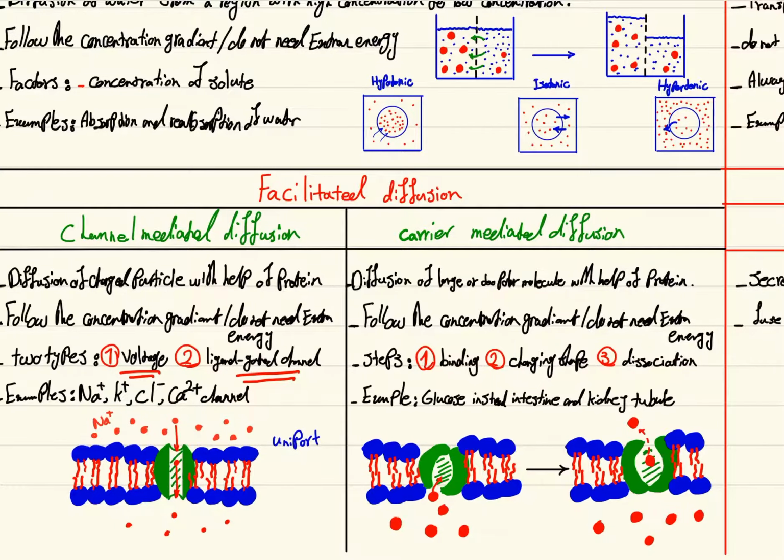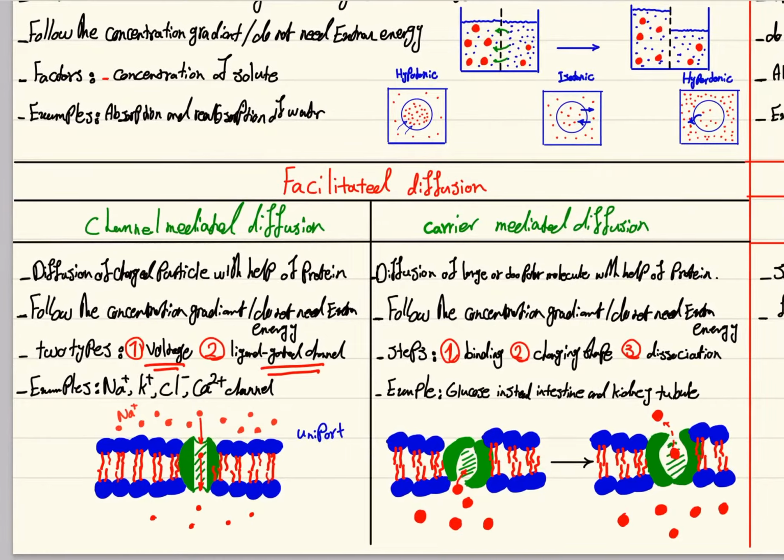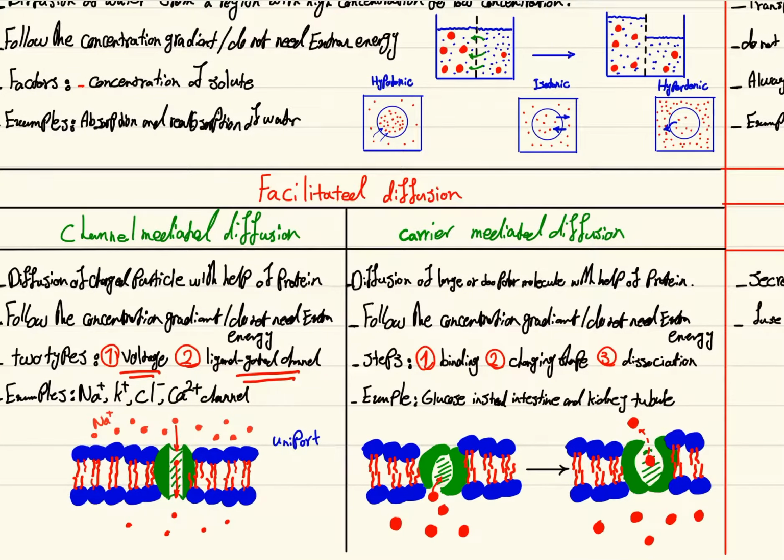The next type of facilitated diffusion is carrier-mediated diffusion. Carrier-mediated diffusion helps the transport of large particles that cannot pass through the channel proteins, because the channel is so small and these large particles cannot pass through it.